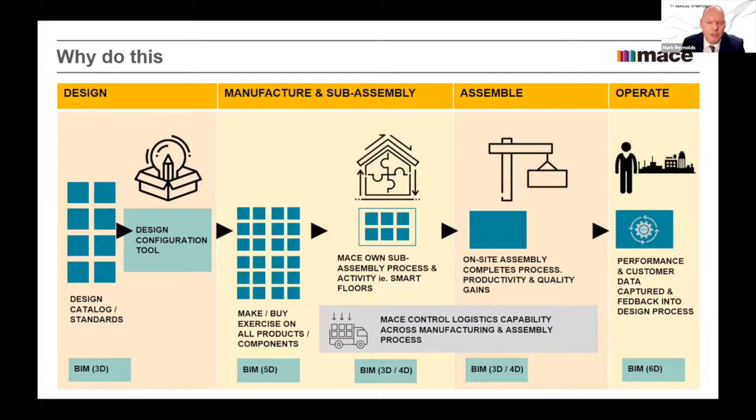So what we want to do is design flexible products quicker, smarter, better. We want to be able to track every product through the process. We want to be able to buy and assemble our components. We want to have the choice where we do that and how we do that. We want to have a world-class logistics system that supports that. And ultimately, we want to be able to create a lasting legacy for our industry.